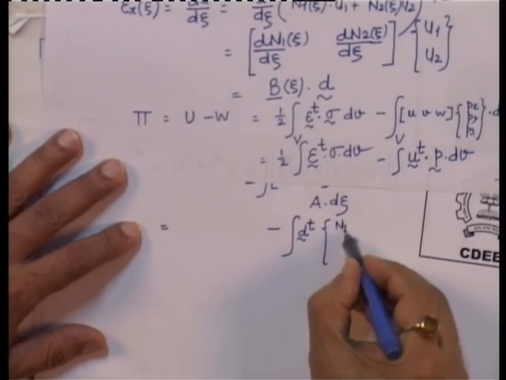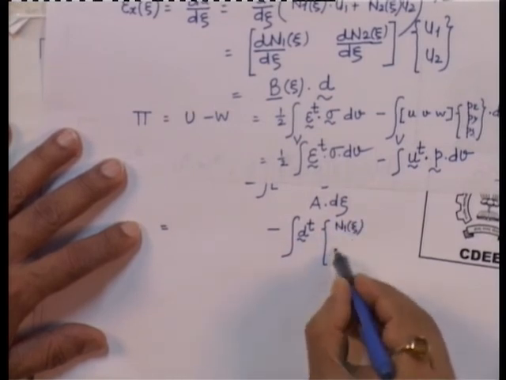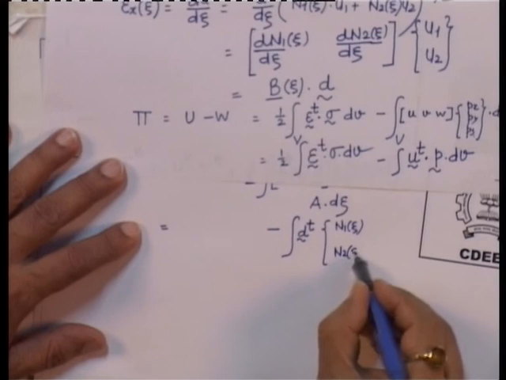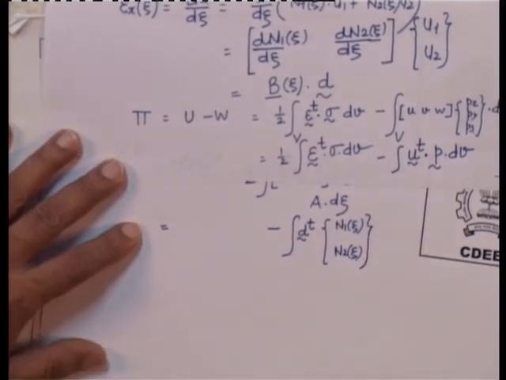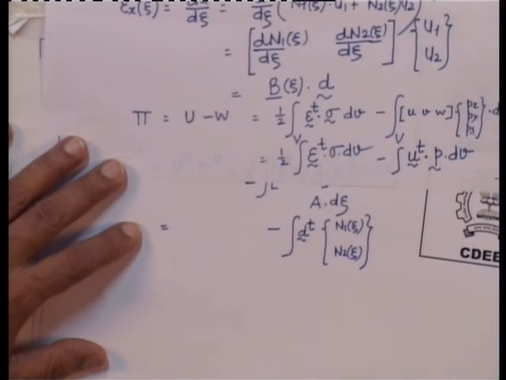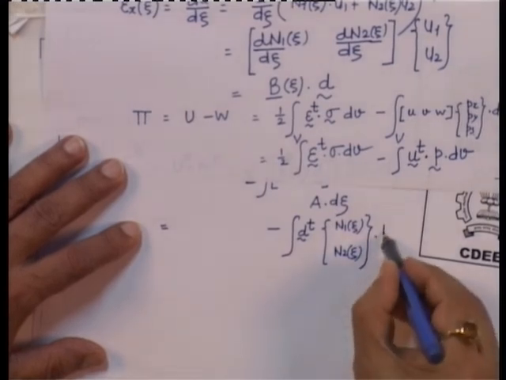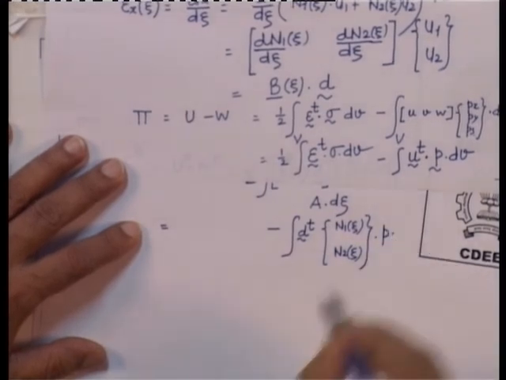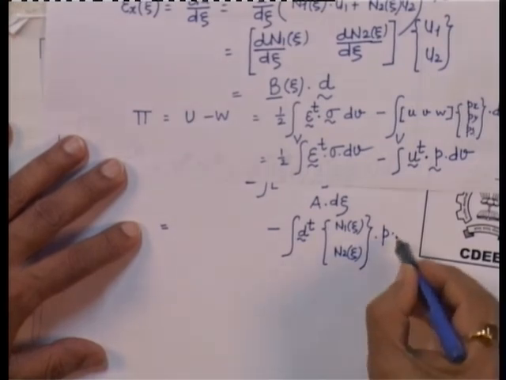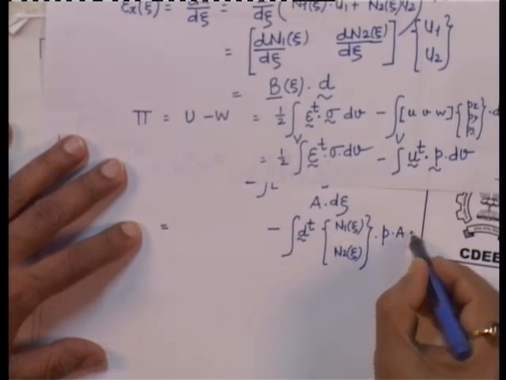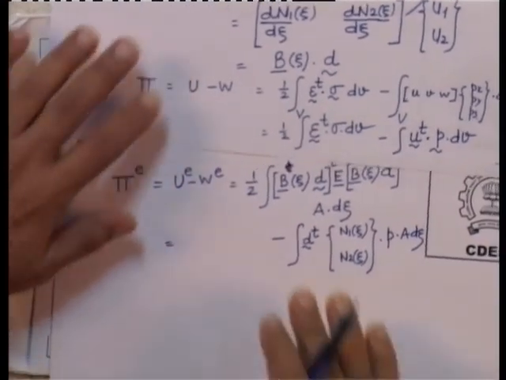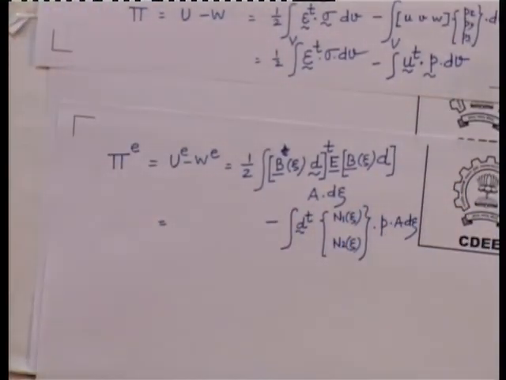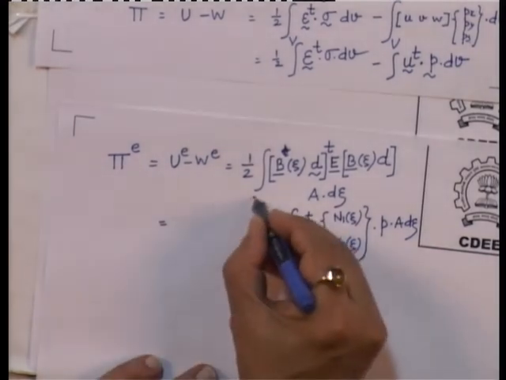The original N matrix is defined horizontally, so it is N transpose times P, and again dV, which will be A times d psi.